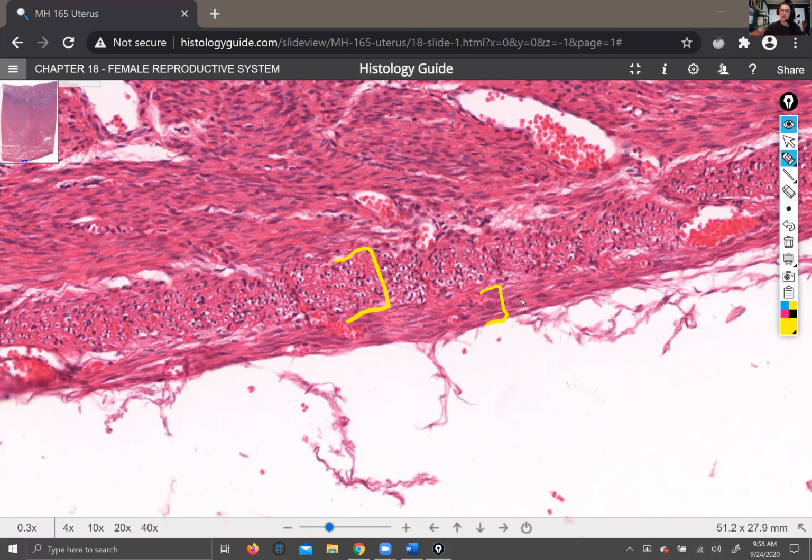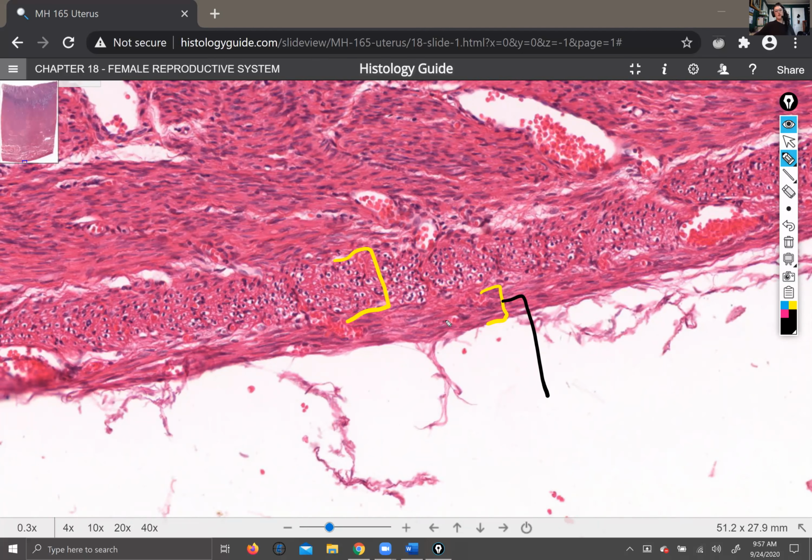But if I ask you a practical question, which has an arrow pointing to this layer or maybe a bracket, I like to bracket layers, you can tell I'm talking about a whole layer. And I say something like, identify the bracketed layer. You need to give me the layer name that's specific to the organ, in this case, the uterus. Now, I would probably not have it this far zoomed in for that particular question, but regardless, if you give me a layer name, it needs to be specific to the organ.